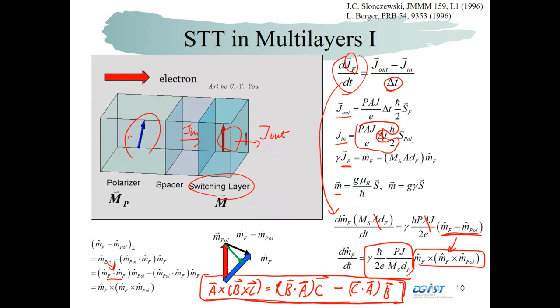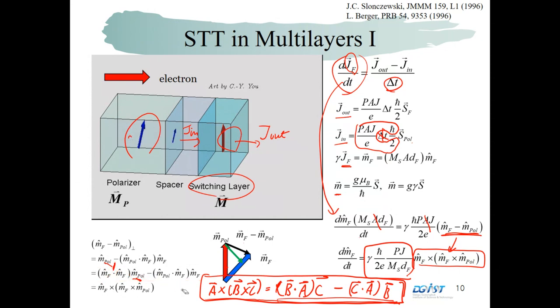So with this relation, here the Mf can be B, and this Mf can be A, and the polarizer is the C. So you can see this is nothing else but this expression.